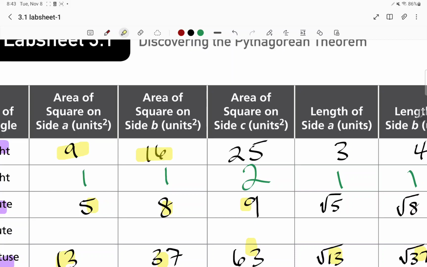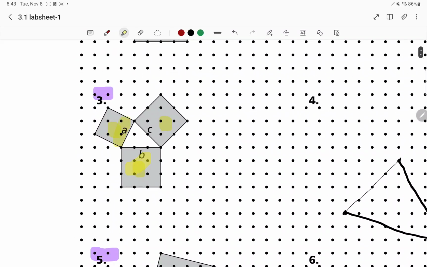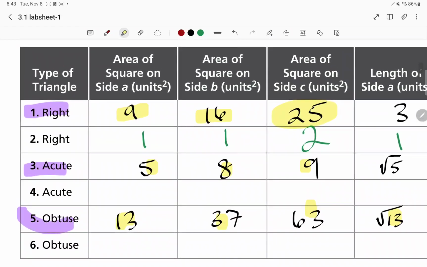If you add the squares of your legs, 9 and 16, it equals the square of your hypotenuse. That's your longest side. So 9 and 16, remember this was 9, this was 16, and this had an area of 25. 9 plus 16 gave us 25. And also this one, 1 plus 1 is 2, so that works. So that is the property that is true for all right triangles.